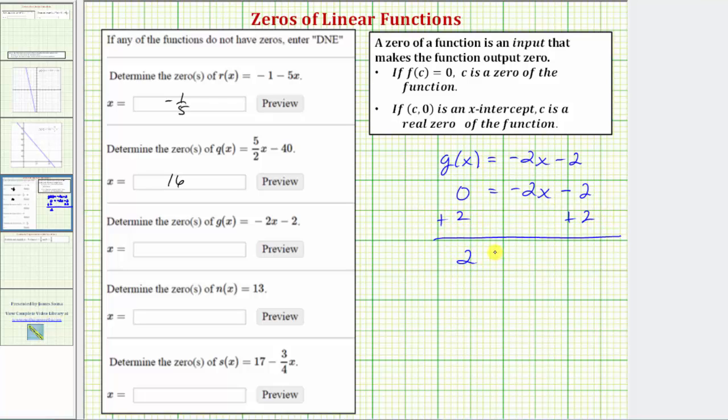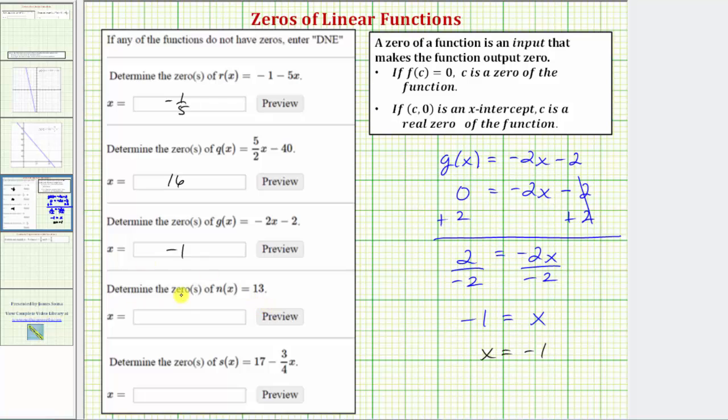Simplifying, we have 2 equals -2x, and -2 plus 2 is 0. And finally, to solve for x here, we divide both sides by -2. 2 divided by -2 is -1, and on the right side, this simplifies to 1x, which is just x. So the zero of g of x is x equals -1.